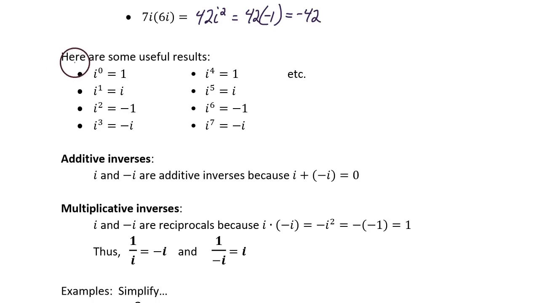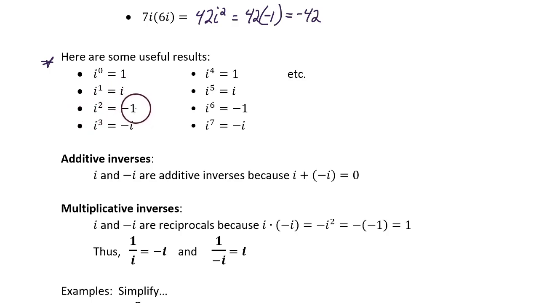We just discussed that i squared makes -1. Here's what happens when i is raised to other powers. i to the 0 power is equal to 1, to fall in line with our definition of all numbers except 0 to the 0 power equals 1. i to the first power is just a single i. i squared is -1.